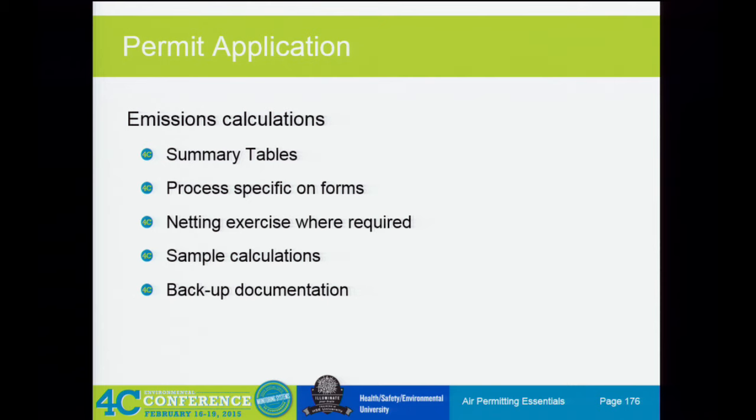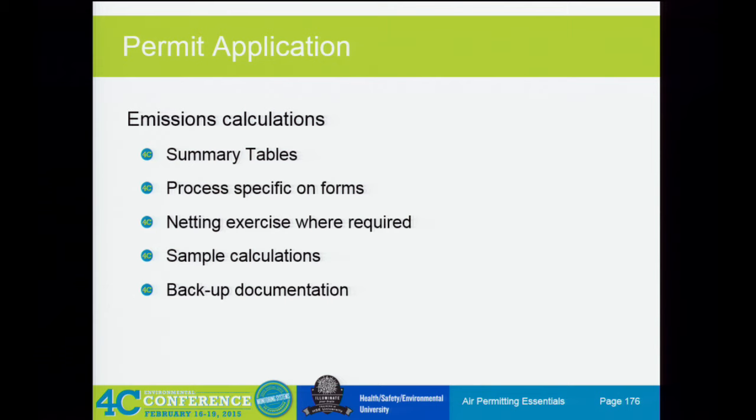So you'll start with a site-wide summary that talks about these are the emissions at the site and this is how they're changing as the project proceeds. And then you'll go into each individual unit and how those were calculated. You'll need process-specific forms, and the netting exercise, if it's required, will be its own calc independent of the emission rates.